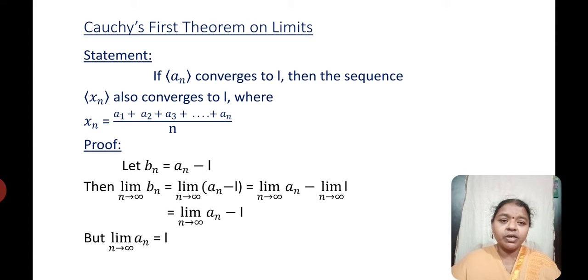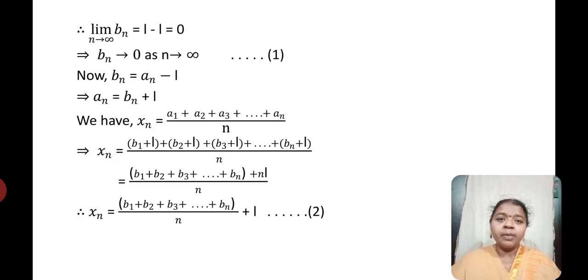Limit of b_n is equal to limit of a_n minus L, which is limit of a_n minus limit of L, which is nothing but limit of a_n minus L. But we all know that the limit of a_n is equal to L. Therefore, limit of b_n becomes L minus L, that's equal to 0. So this implies b_n tends to 0 as n tends to infinity. Let's call this equation 1.